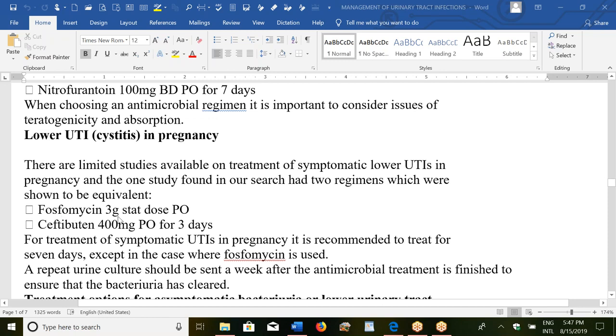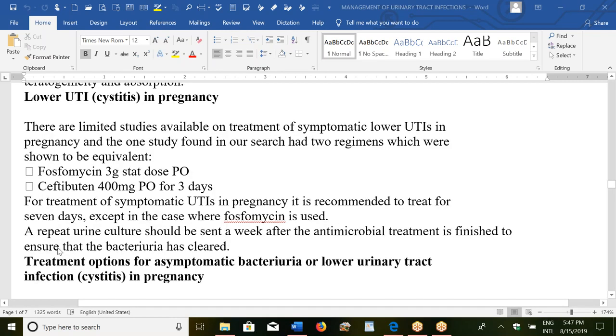Either you can give phosphomycin 3 grams stat dose orally, or you can give ceftibuten 400 mg orally for 3 days. For treatment of symptomatic UTIs in pregnancy, it is recommended to treat for 7 days, except in the cases where phosphomycin is used, since that is a stat dose.